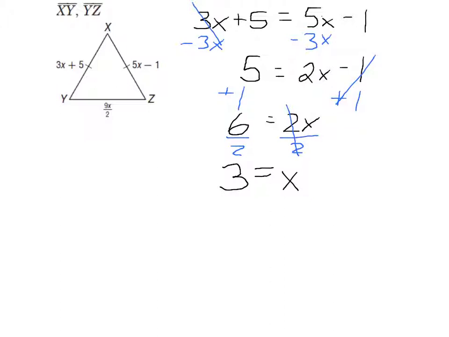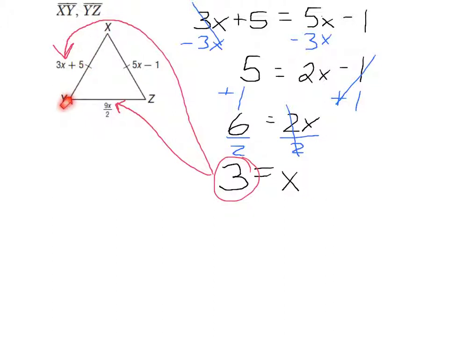So now what I can do is take this 3 and substitute it in each expression on the two sides that I'm curious about where the x is, to see if these are actually the same number. So for segment XY, which is this segment right here, I'm going to put 3 in for the x.